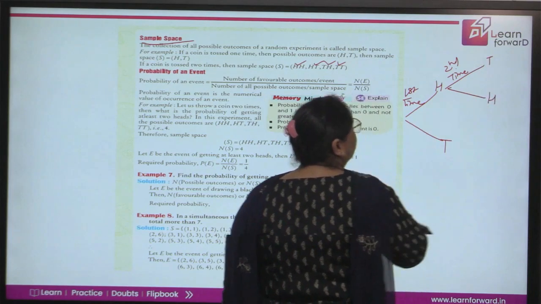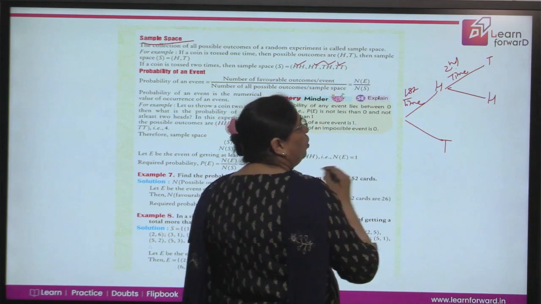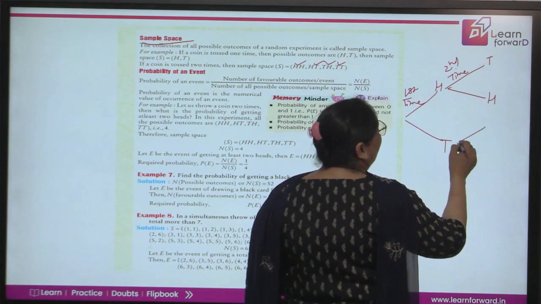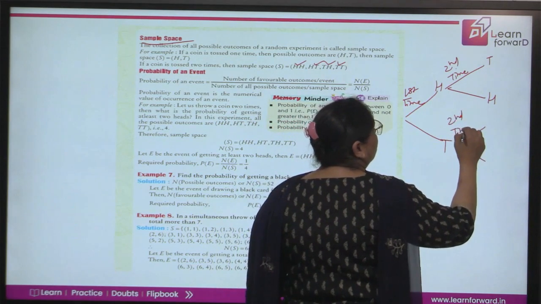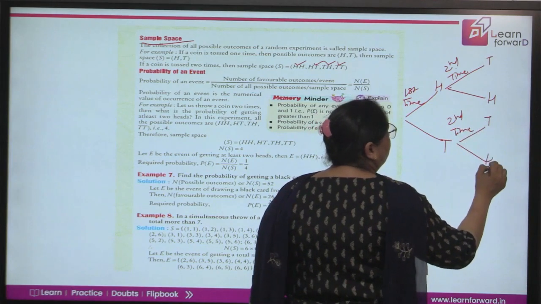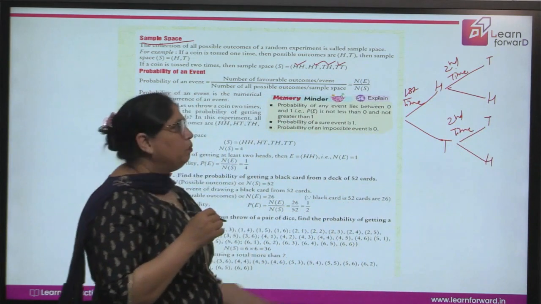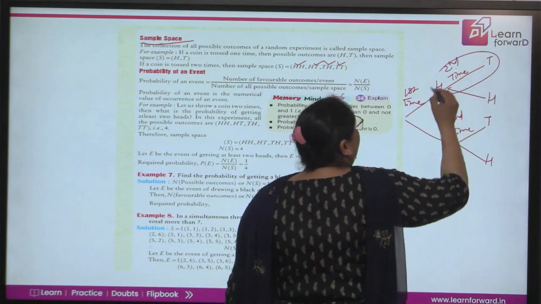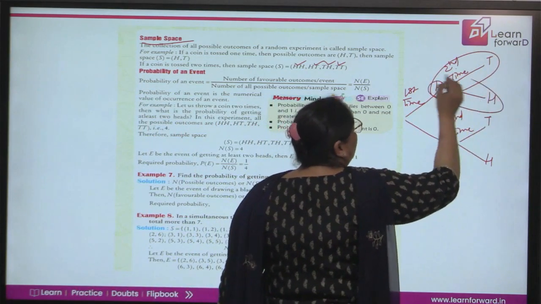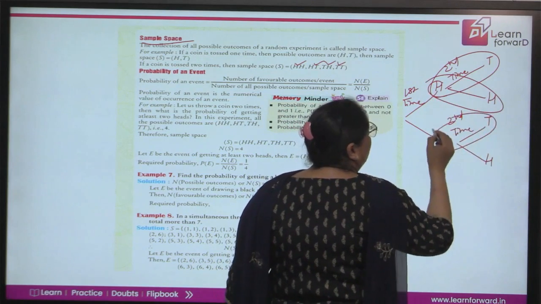In this way, we can find the possible outcomes: head head, head tail, tail head, and tail tail.